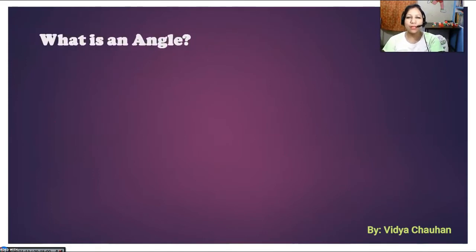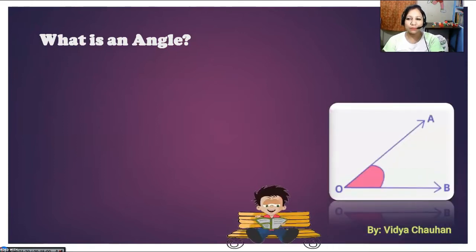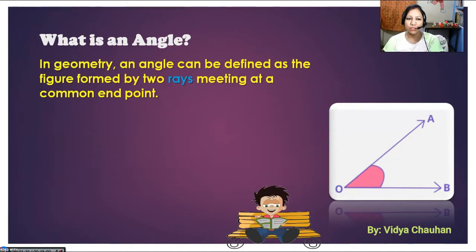Since we discussed angles, the first question which arises is, what is an angle? You can see the picture here, and this picture is actually of an angle. So here comes the definition.